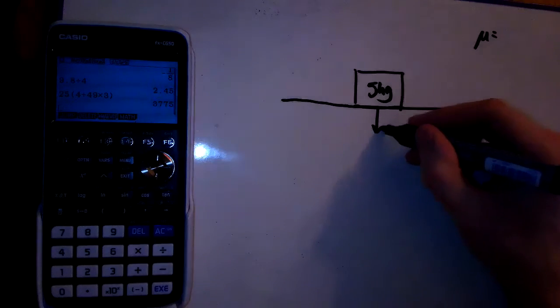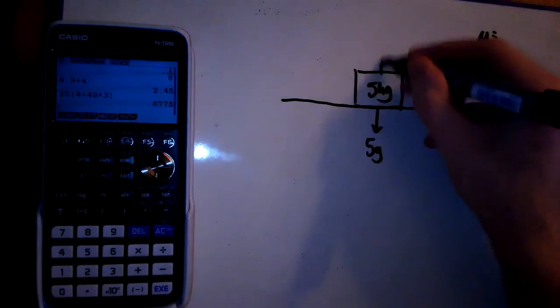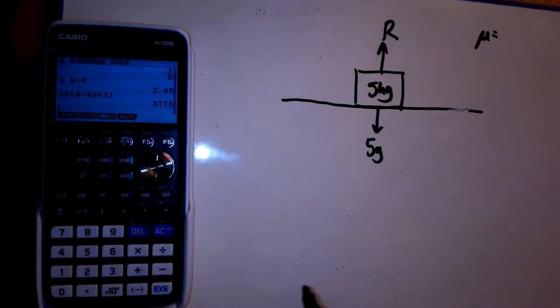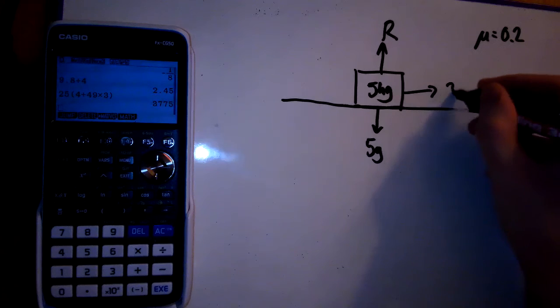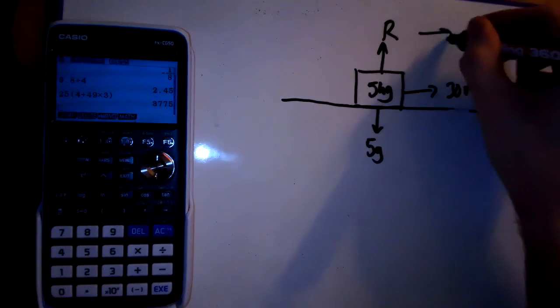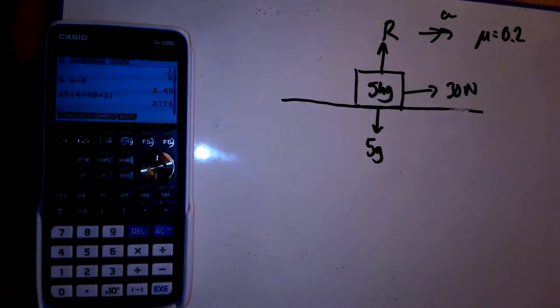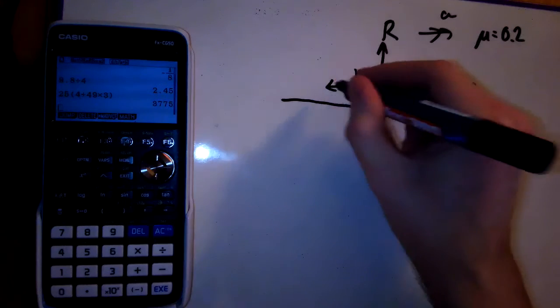So there's the weight going down, so 5g, normal reaction going up, so R. We know there's no other forces apart from a pushing force. We know the coefficient of friction is 0.2. And we know there's a pushing force of 30. So it's going to go this way. There's going to be friction pulling it back.